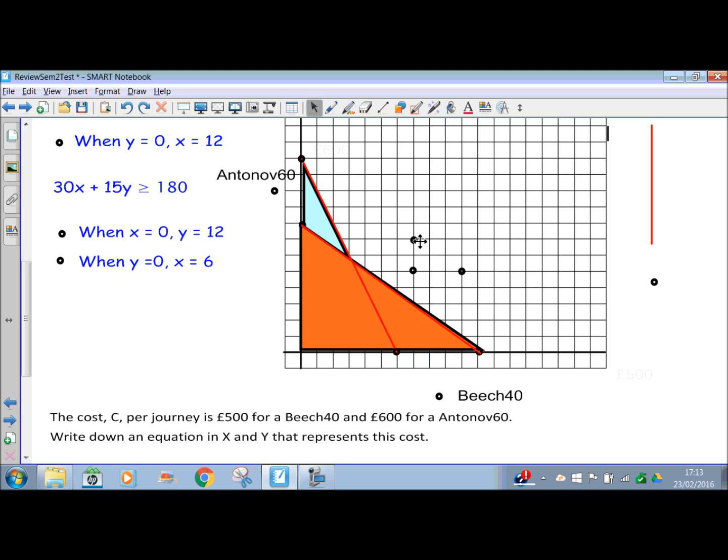So for each of these points, we could work out the cost of flying these 2 aircraft by using the information here, which tells us that it's £500 per journey for a Beech 40 and £600 for an Antonov 60. So to work out the cost for any of these points, we must write down this equation that represents the cost.